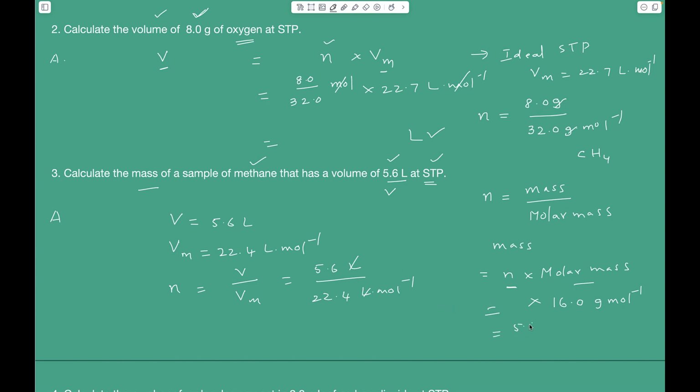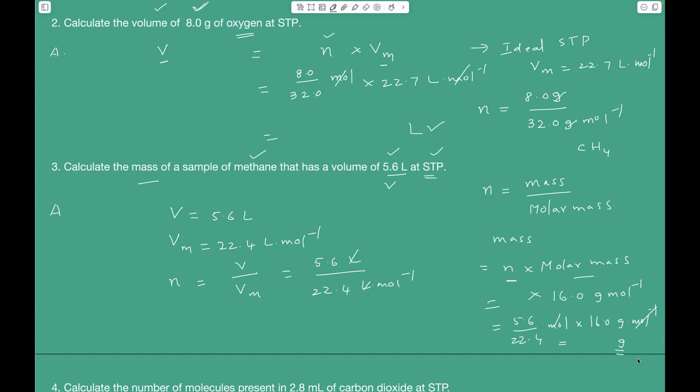So it would be 5.6 over 22.4 mole times 16.0 gram per mole. Cancel these two and simplify this to get the mass of the substance in grams. See, you don't have to memorize any formula here.